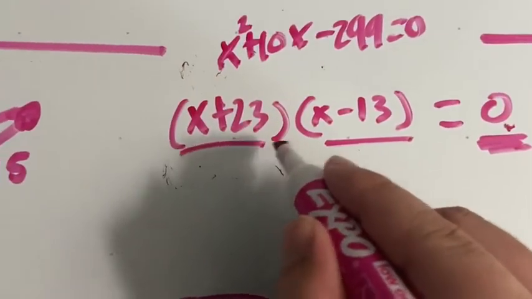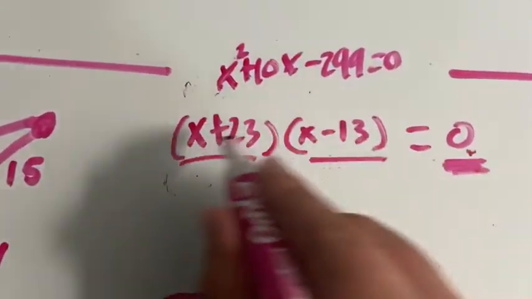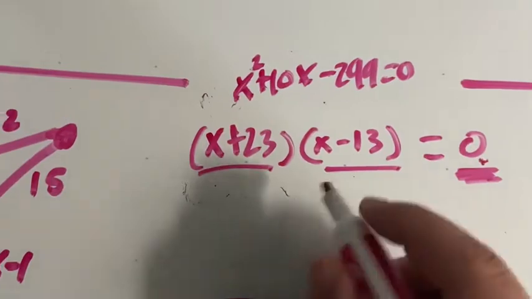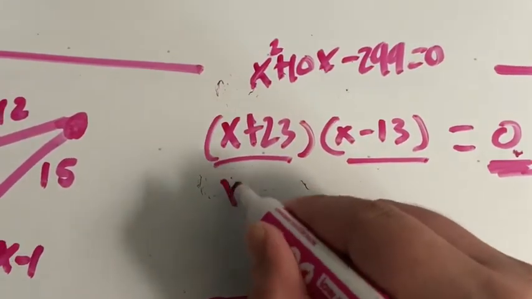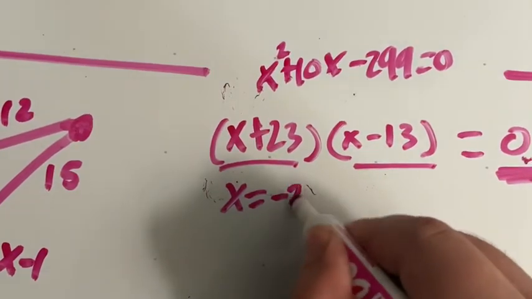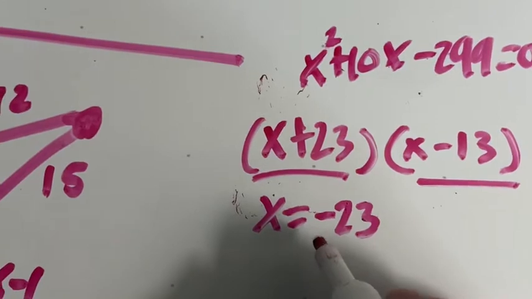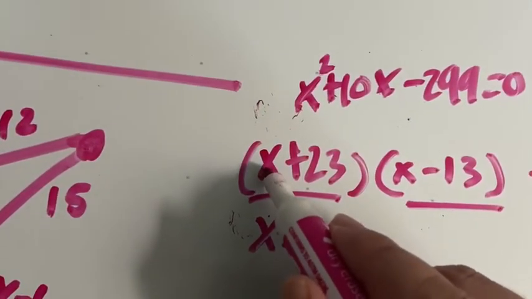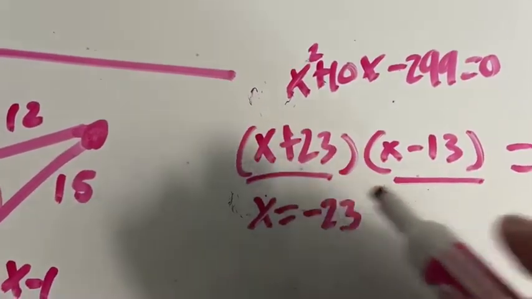Similarly, if I have x plus 23 times x minus 13 equals 0, one of these expressions has to be 0. And if one of these expressions has to be 0, then in this specific situation, x must equal negative 23, because if x was any other number than negative 23, then I wouldn't get 0 here.